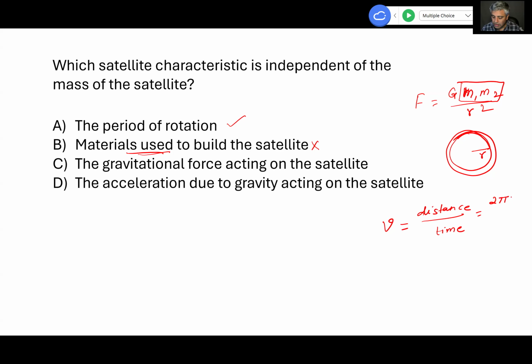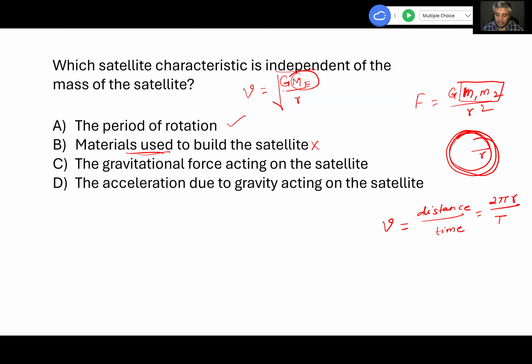The circumference of a circle of radius r is 2 pi r, and the time it takes to go once around is what we call the period. Okay, so that's what the period is. Since we learned that speed does not depend on mass, for example, that was the equation.